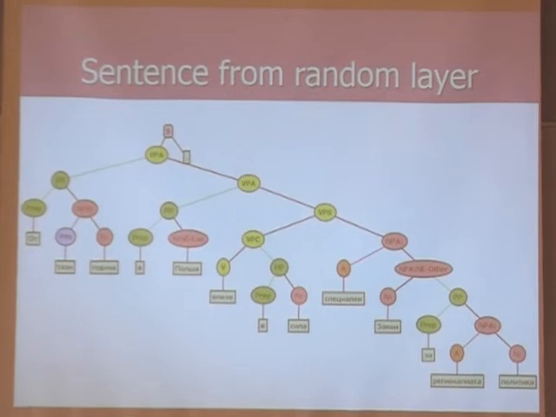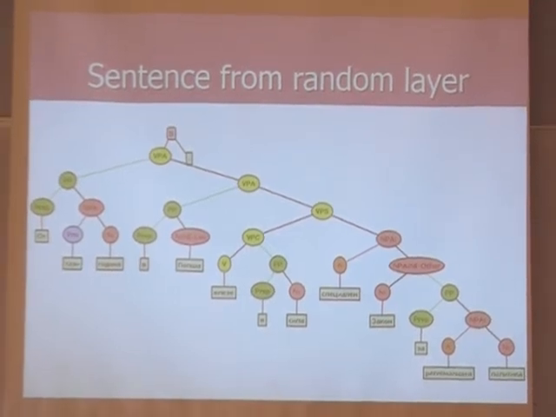So, a sentence from the random layer. Now I will not talk about what you see as linguistic stuff. I will do that later. I would like to concentrate only on what happens when we go, let's say, to another genre, in this case, newspapers.